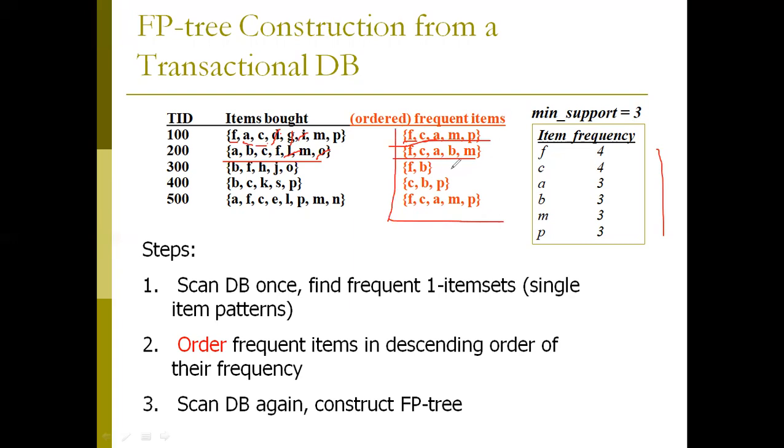Based on these ordered frequent item sets, now we are going to construct a FP tree. So what is the first step? Here the first step is to scan the database and make each individual item an item set.